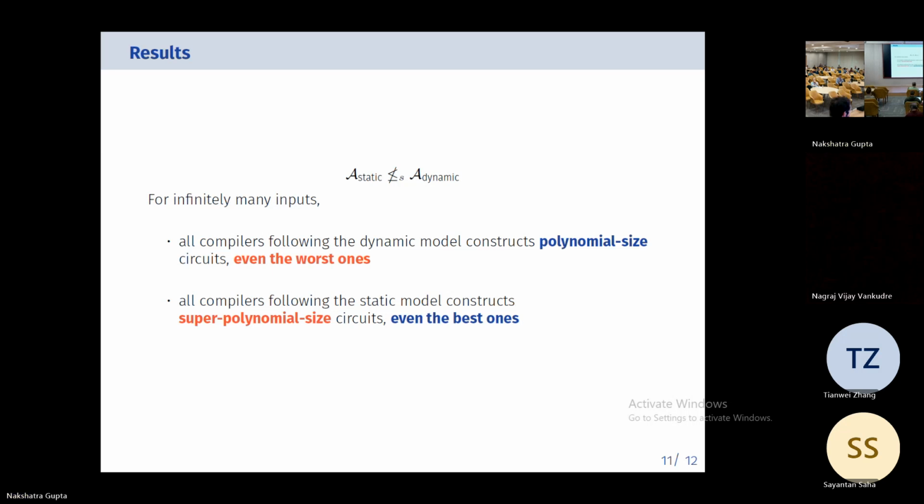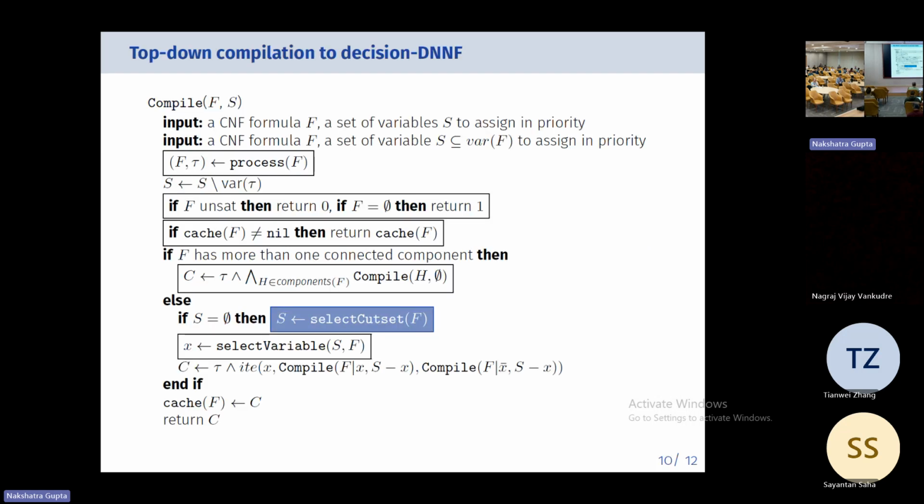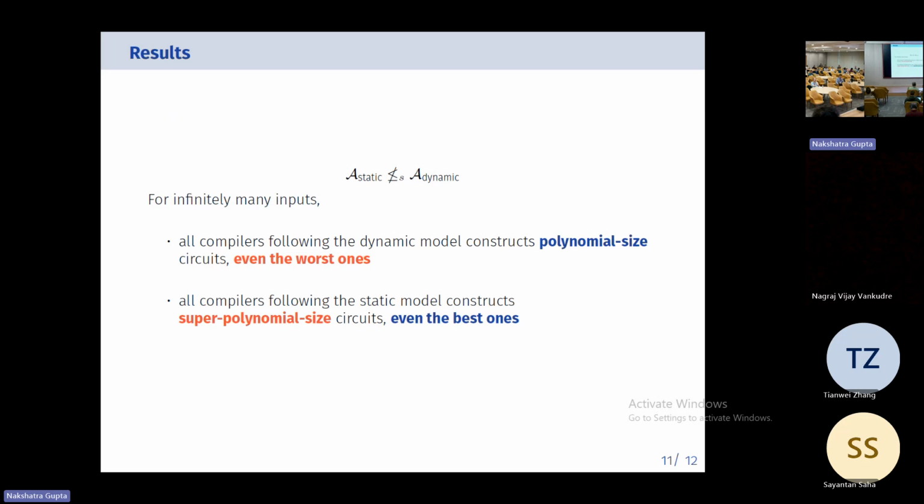So there are two results. The first one is that there are infinitely many CNF formulas such that all the compilers that respect the dynamic model, so when the cut set selection is using this balanced separator identification, will create polynomial size circuits on these instances, even the worst one.